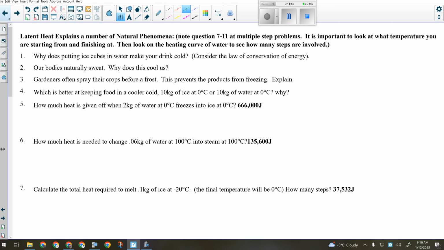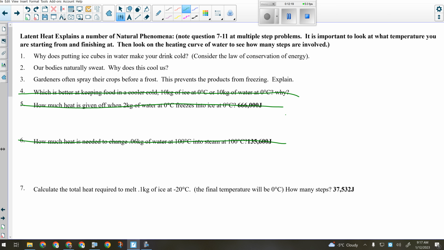I'm not going to do 4 or 5 or 6, but we'll start on 7. I'll give you a few minutes to get some explanation answers written down for 1, 2, and 3. Then we'll work on 7, and that's what we're going to work on today, just making sure we understand how these problems work, because there's a 3-step problem worth 8 marks on your unit exam.